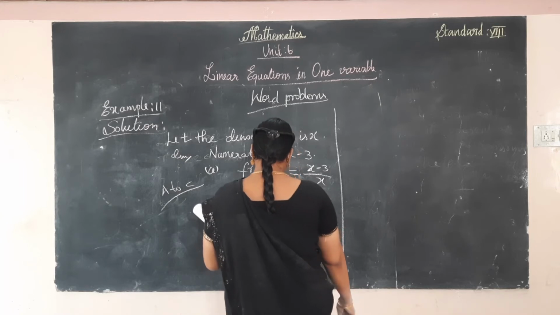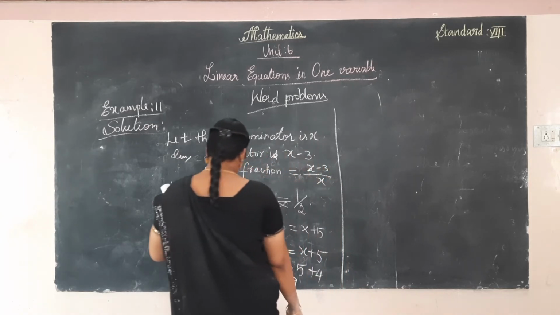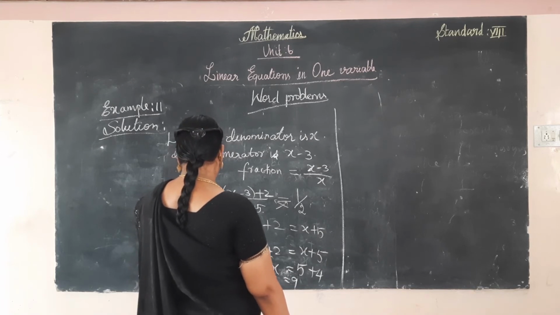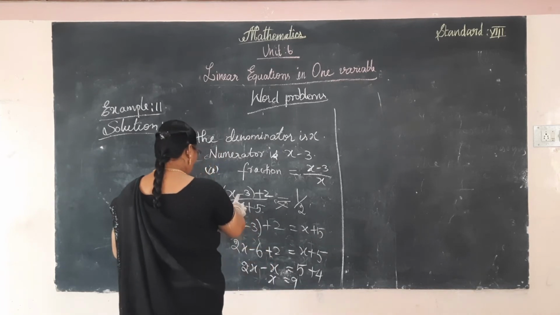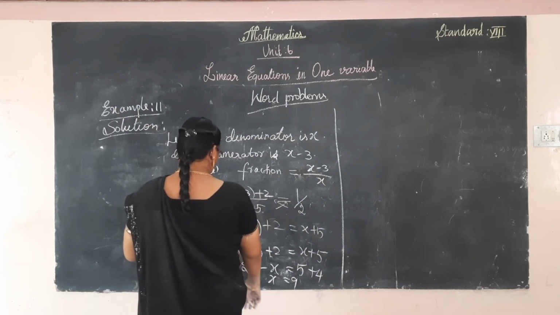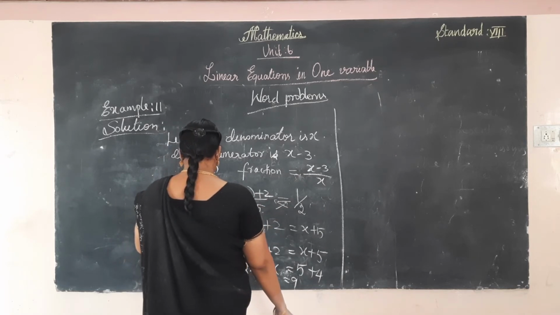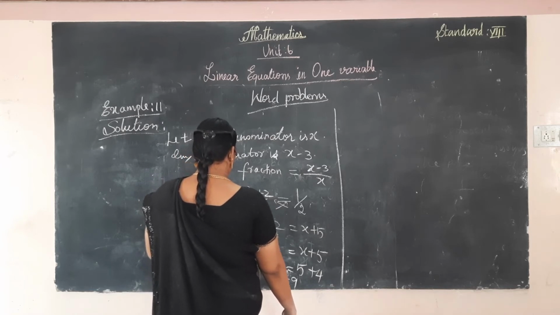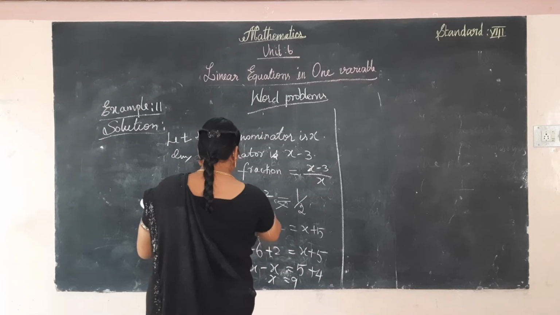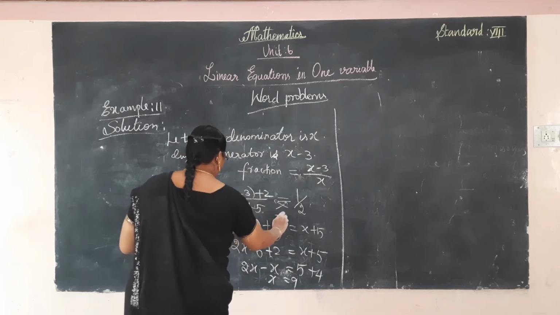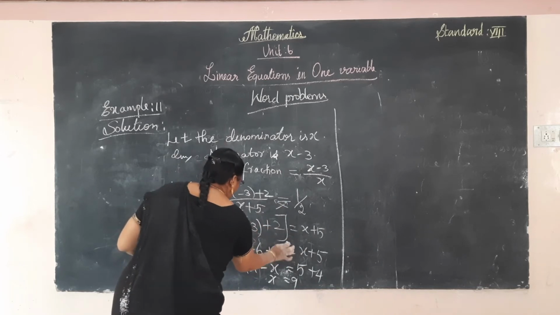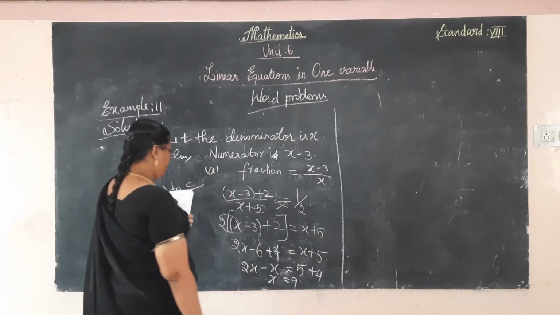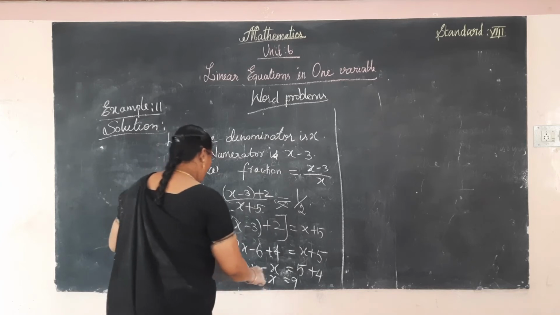Each term is multiplied, so 2 twos are 4.